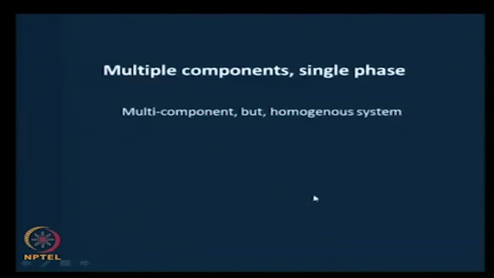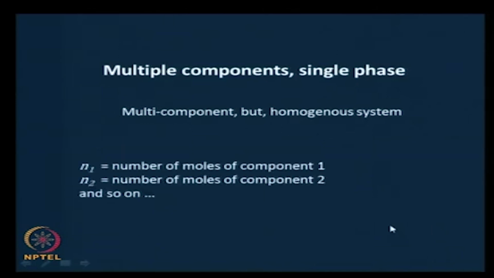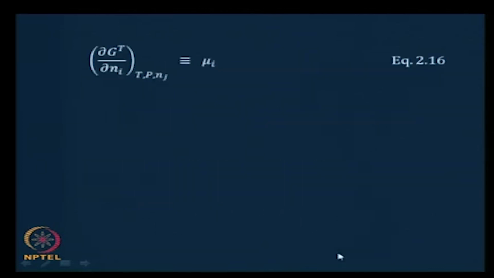Then we looked at multi component single phase systems, or multi component homogeneous systems. We said N1 would be the number of moles of component 1, N2 would be the number of moles of component 2 and so on. And we saw this very fundamental definition: the partial derivative of Gt with respect to Ni at constant T, P and Nj is defined as the chemical potential.